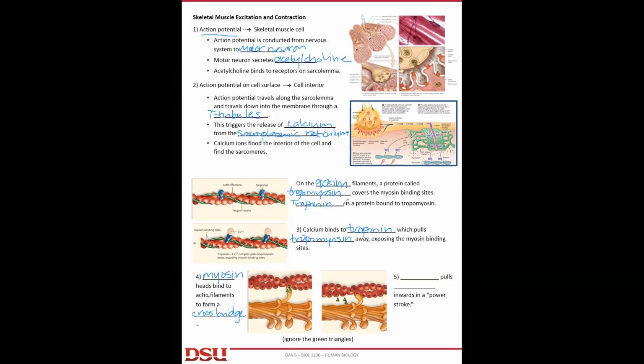When this happens, the myosin, I'm going to put this in quotes because it doesn't really pull it, but the myosin pulls inwards in something called a power stroke. Okay, so pulls our actin in. All right, how fun was that, you guys? Look at all those terms. All right, don't freak out.